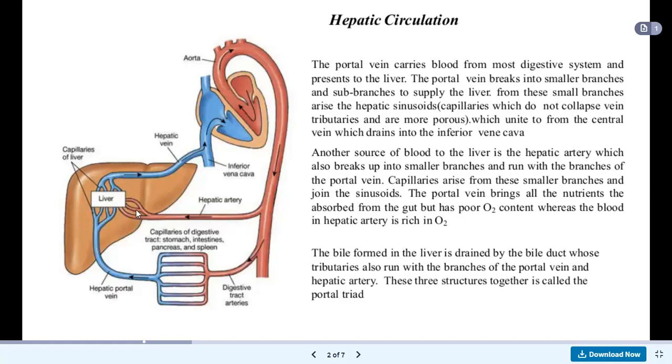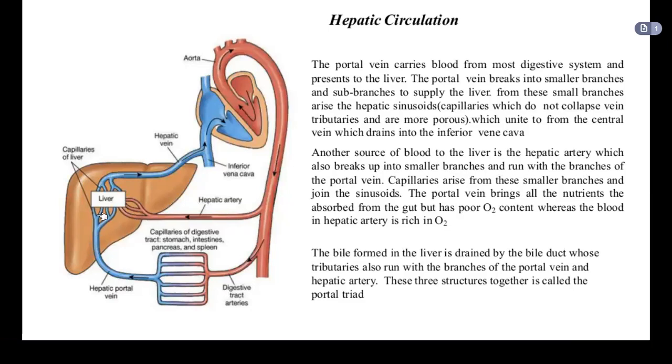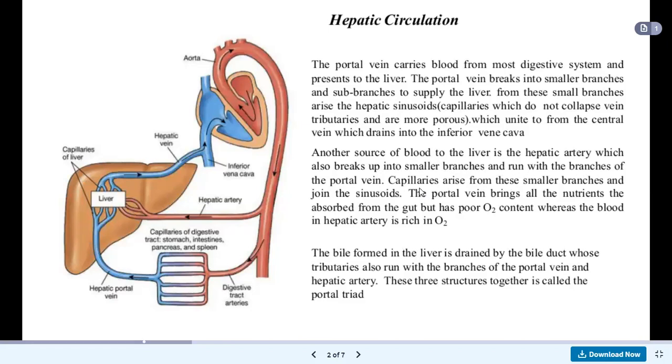So you see here, branches of the hepatic artery, and these are branches of the portal vein, which form these capillaries here. Capillaries arise from these smaller branches and join the sinusoid.